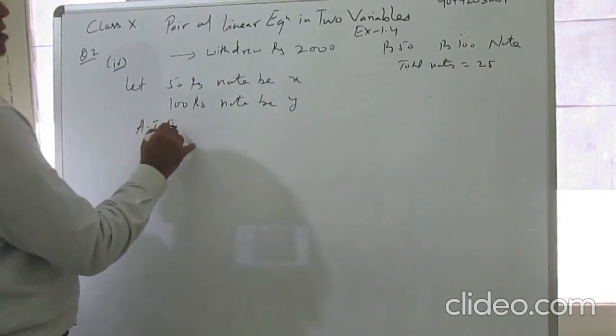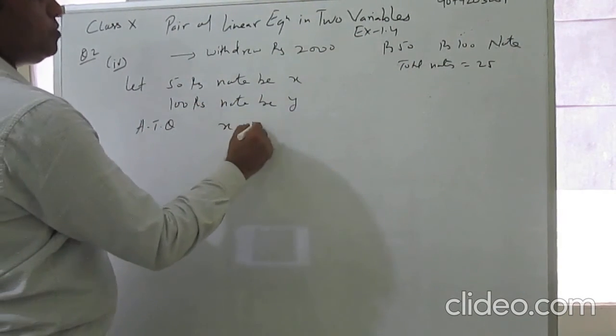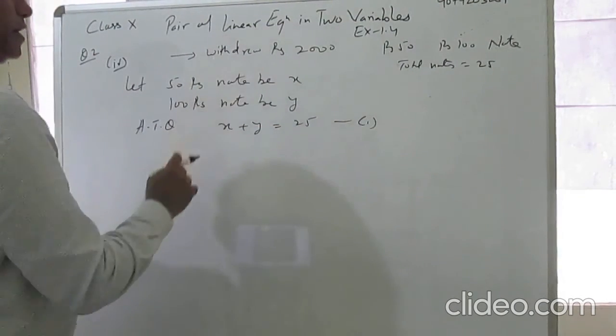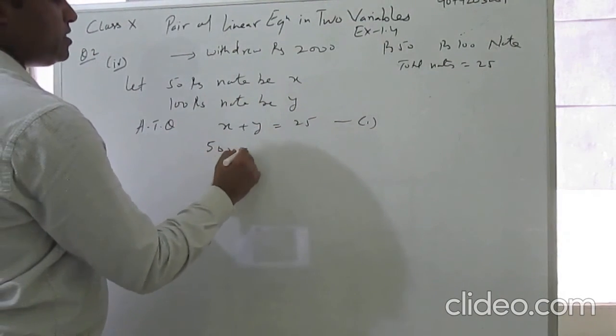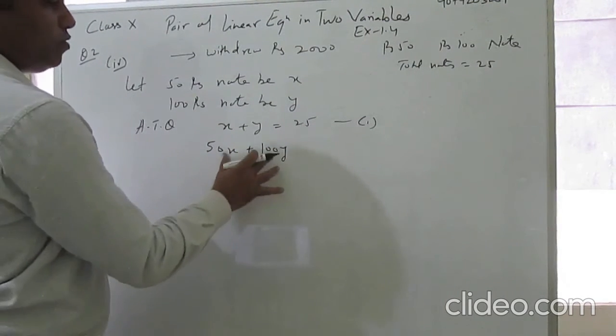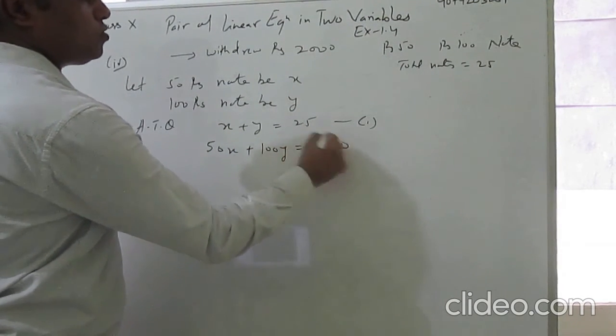According to the question, the sum of these notes is 25, and 50 notes be x, so it is 50x. 100 notes be y, so it is 100y, and total value is given to you 2000.